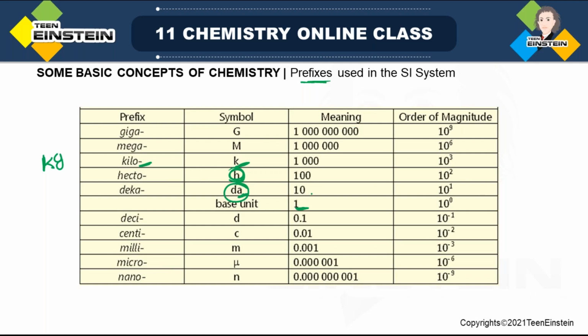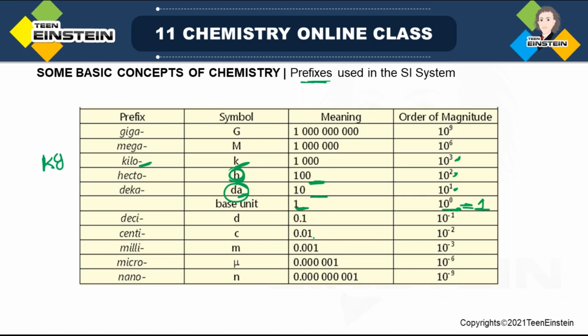Now here it is mentioned as 10, then 100, then 1000, and it is increasing. But if you want to express it in a simple way, it is 10 to the power 0, which is actually 1. Then gradually the power is increasing. So 1000 means 10 to the power 3. 100 means 10 to the power 2, like this.